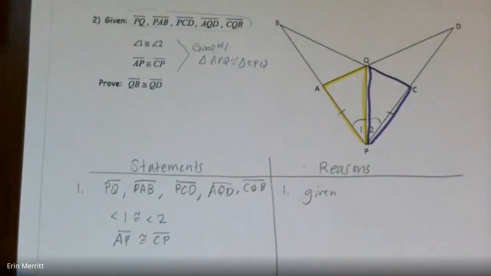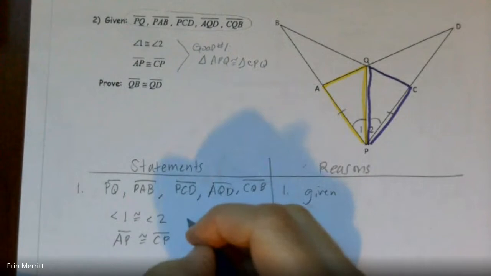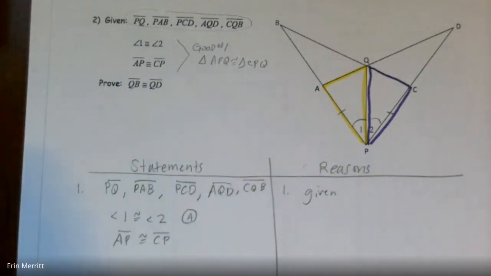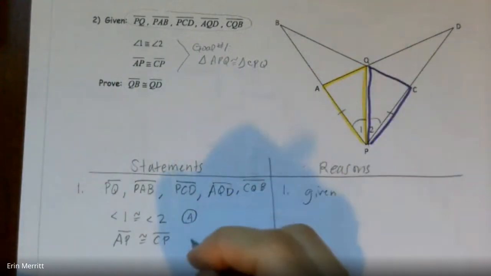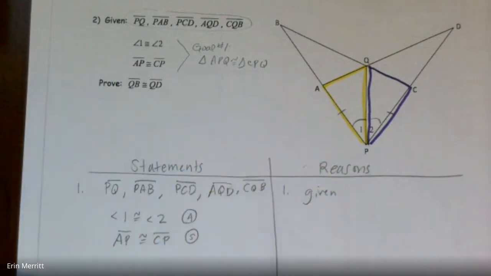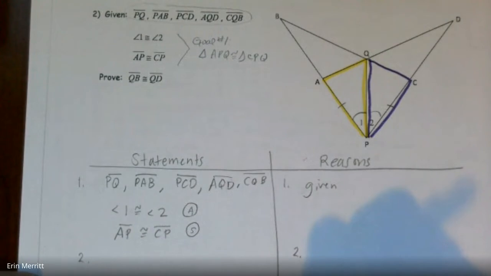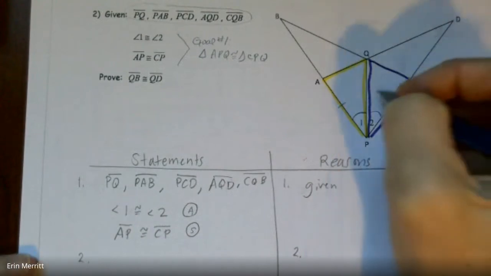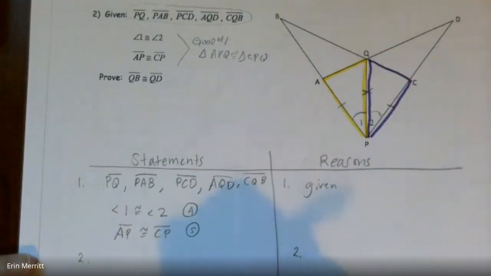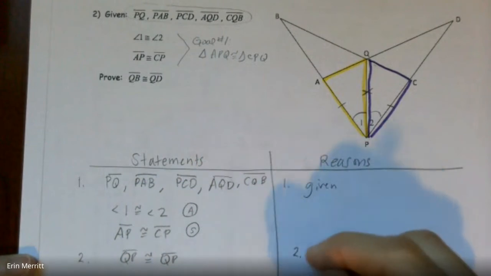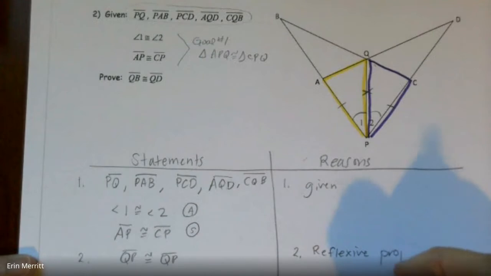All right, so let's think about it. Angle 1 and angle 2, that's a pair of angles in there. Bam. AP and CP, there's a pair of sides. We got 2 steps in. What else do we need? I'm hoping right now you're like, ooh, I know it. We've got a shared side between them. So QP is congruent to QP by the reflexive property.